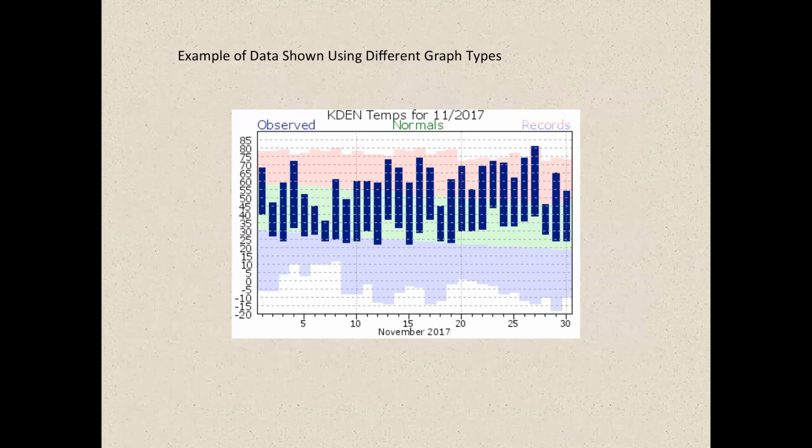And on the background, the pink area shows the record high temperatures each day. So you can kind of see at the end of the month, about the 27th, this was a record high temperature. The bottom blue shows the record low temperature for that date.